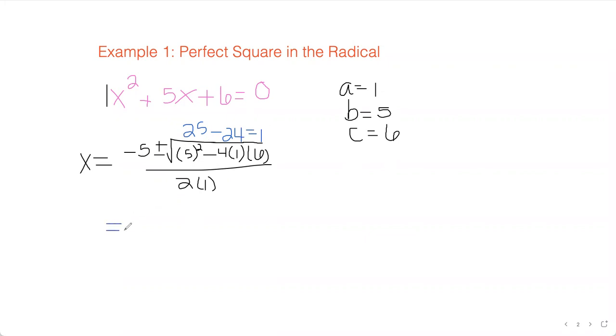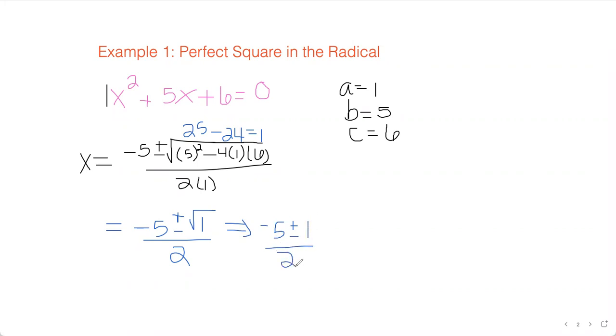So if I rewrite this, I have negative 5 plus or minus the square root of 1, all over 2 times 1, which is 2. This one is an easier one because we actually know the square root of 1. It's just 1. So I'm going to rewrite this as negative 5 plus or minus 1, all over 2.